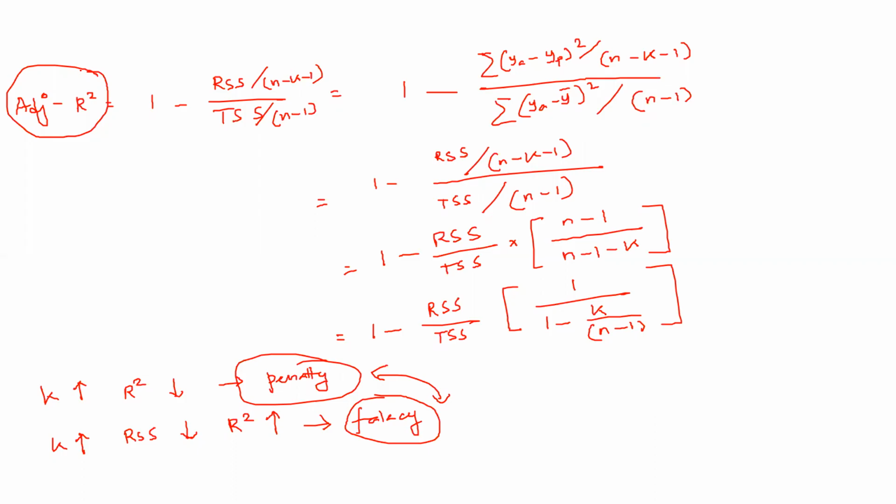From that log likelihood value, different kinds of goodness of fit measures can be created, and different statisticians gave different equations. One of those we call pseudo R square in case of logistic regression. One of the very popular pseudo R squares is 1 minus log likelihood.